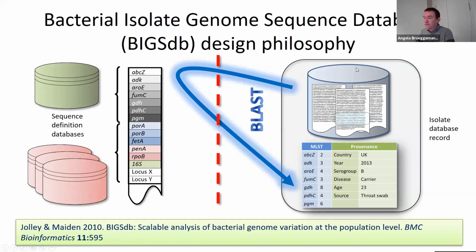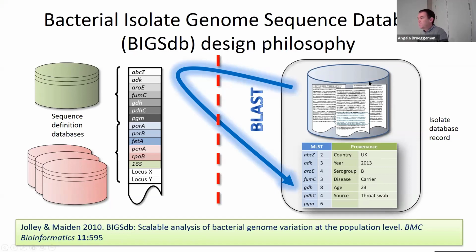Then on the other side of the system, which is a bit more interesting, is the isolate and genome database. This contains all the provenance and phenotypic information and the genome sequence, which, as I said, could be a whole sequence or draft genomes or whatever. Then, in order to identify the particular variants for each of the loci that we're interested in, it will do a BLAST search.